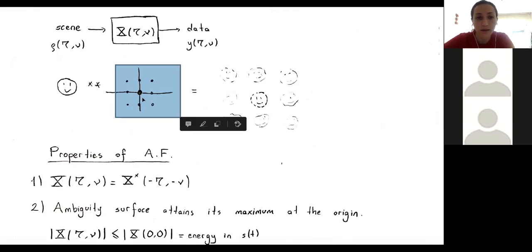So you cannot have a single impulse in this function. That's not possible. But if you get an impulse here, you're going to see other large peaks at other 2D locations. That's a possible ambiguity function, and that's usually what we use as an ambiguity function.